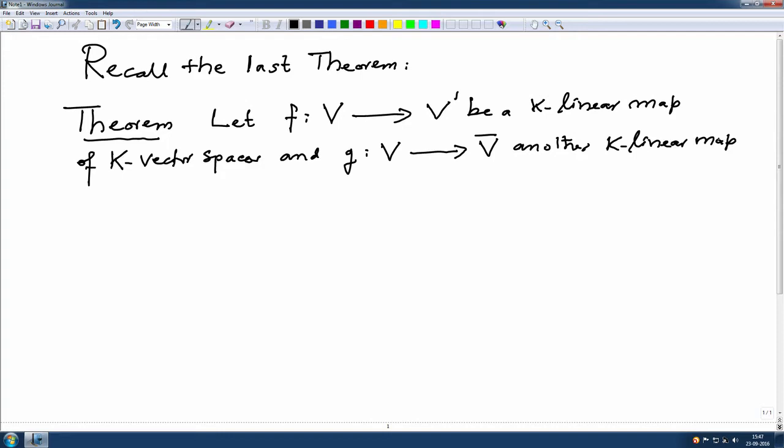I will try to draw a diagram in this corner. So, f is from V to V prime and G is from V to V bar.